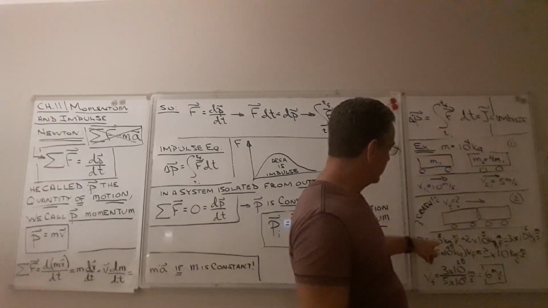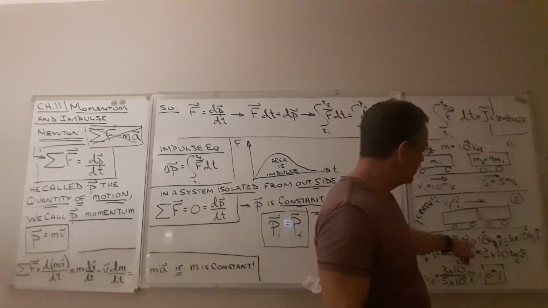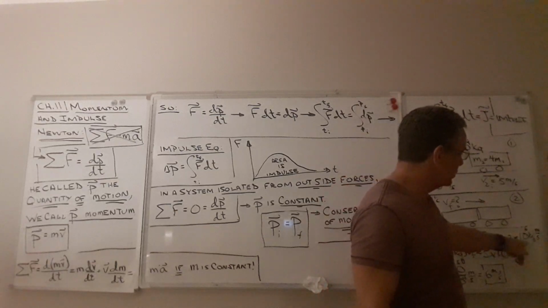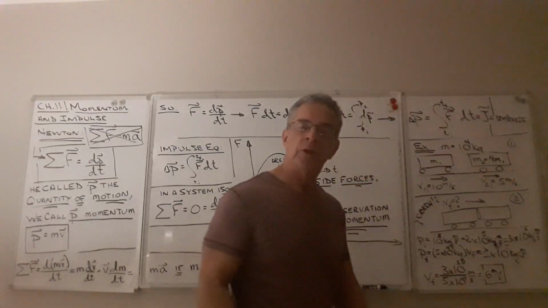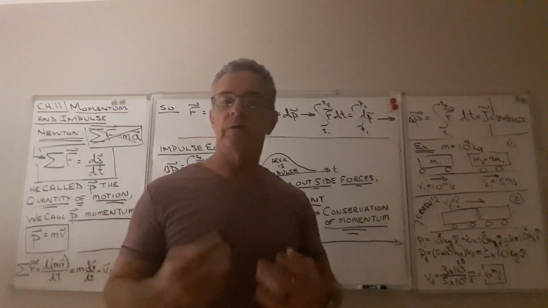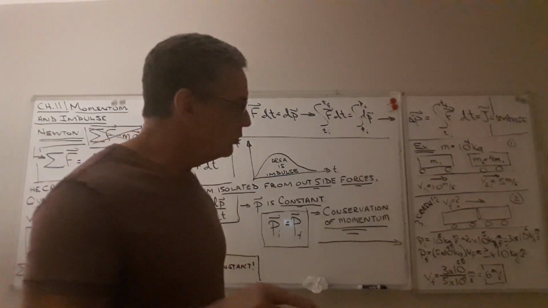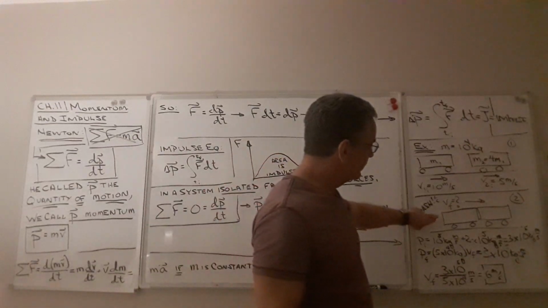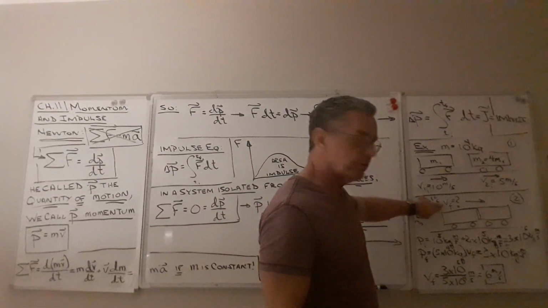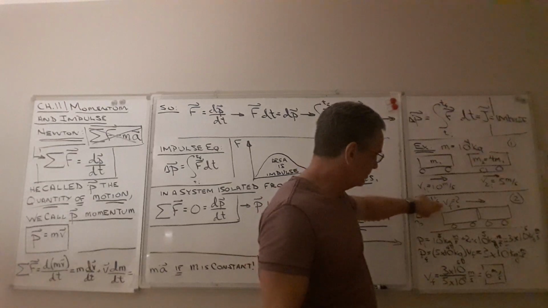So if you add these 2 together, 10 to the fifth plus 2 times 10 to the fifth, you get 3 times 10 to the fifth kilograms meters per second. So that's the total momentum that the two-car system has. And now if you set that equal to the final momentum after the collision, you can solve for the final velocity of these two after they lock together.